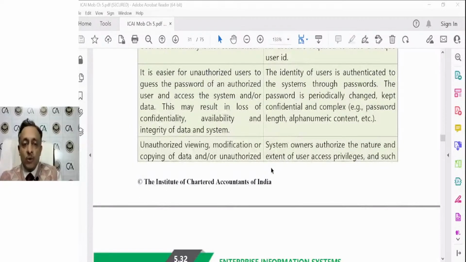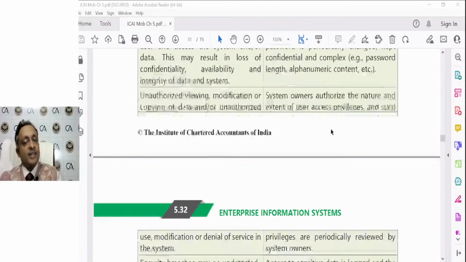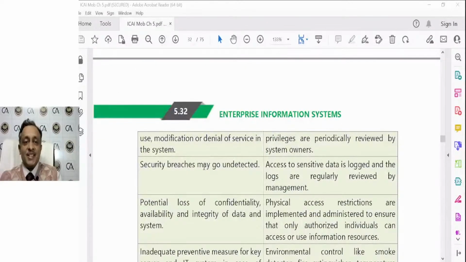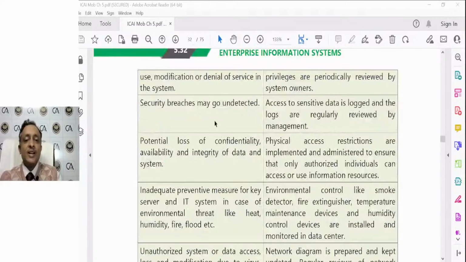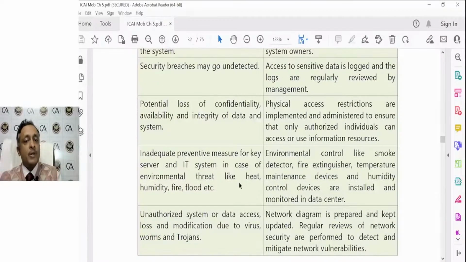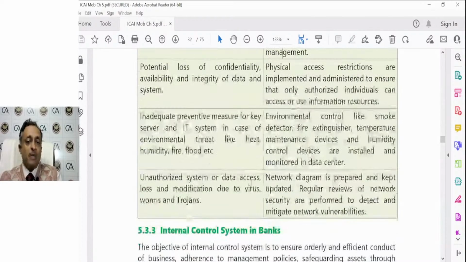Unauthorized viewing of data: you need to ensure that access privileges are restricted. If you see, the core is access privileges. Security breaches going undetected is a very rare thing, but you need to ensure that whatever system is being accessed, the access log is properly monitored to see who has accessed that system. Potential loss of confidentiality: physical access restriction. Inadequate preventive measures for key servers from fire and heat: have proper environmental controls.